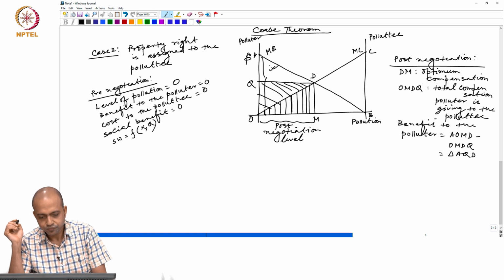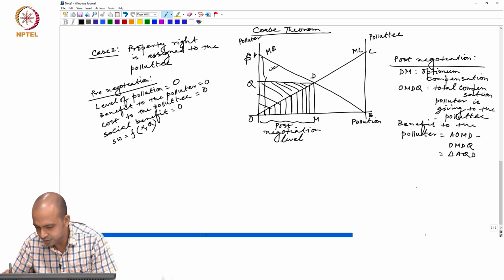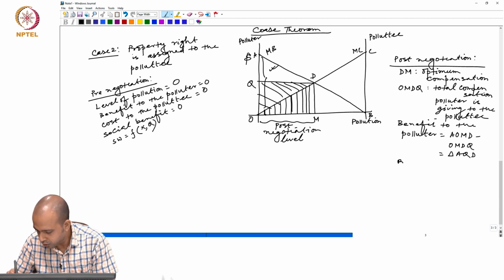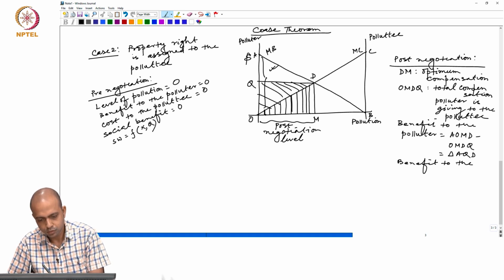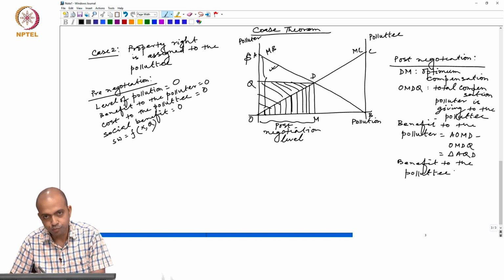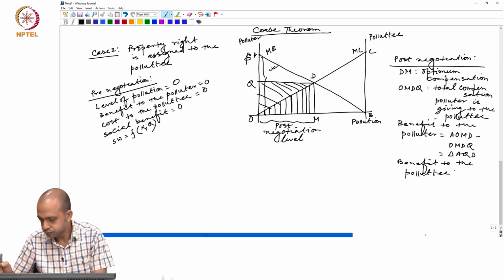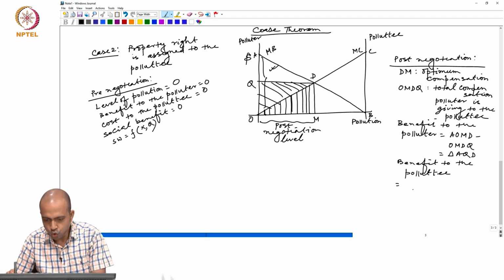The pollutee, if the level of pollution is this much, so that means benefit to the pollutee equals to, so total compensation, that means OMDQ.